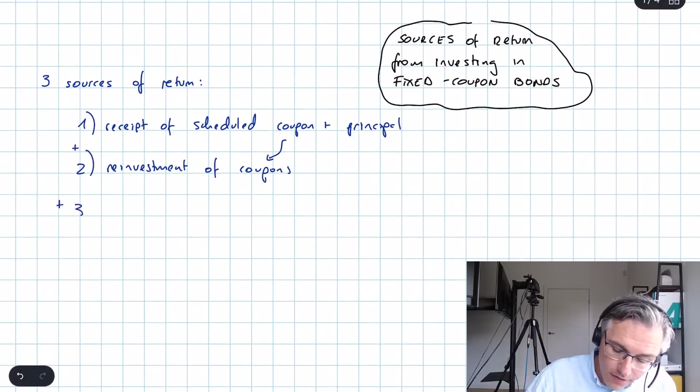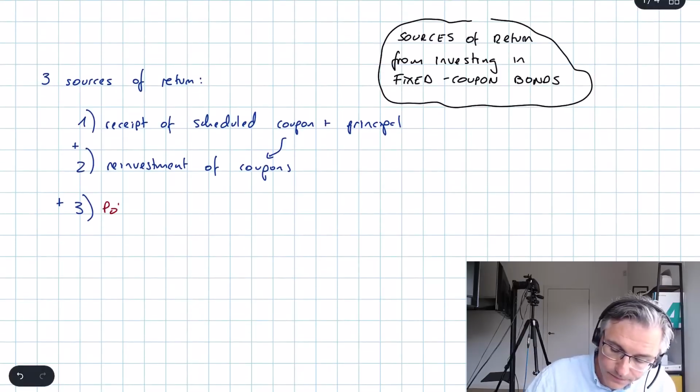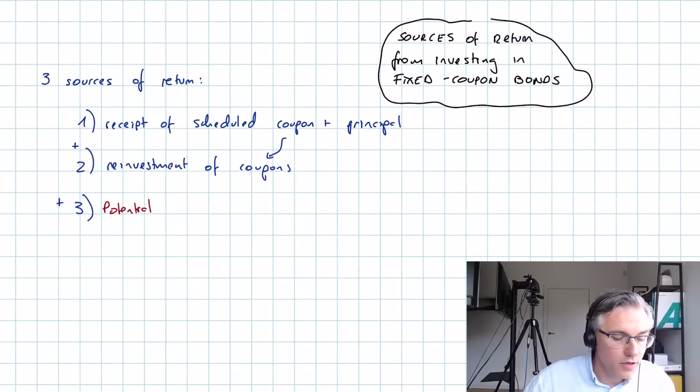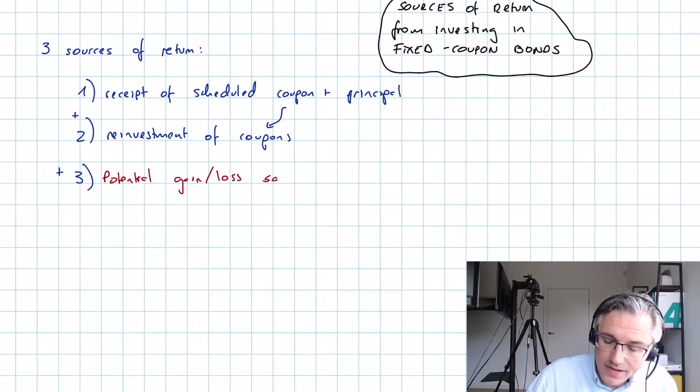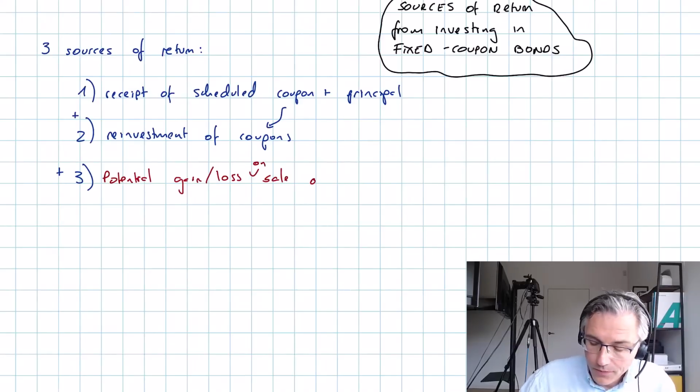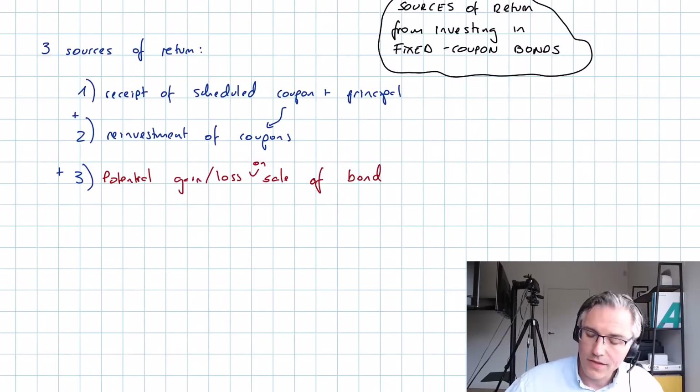And third, although this is kind of optional, it's potential. The potential gain or loss on the sale of the bond. Obviously, if the investor decides to do that, if they decide to sell before the scheduled maturity date.